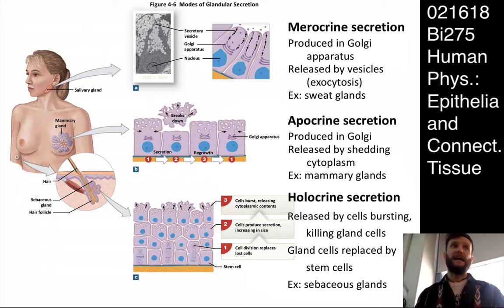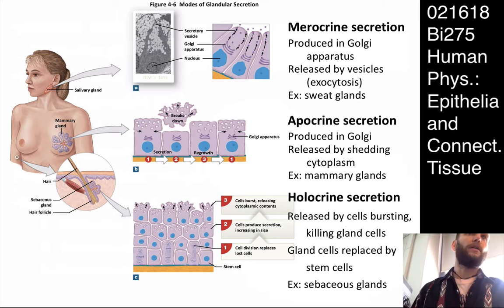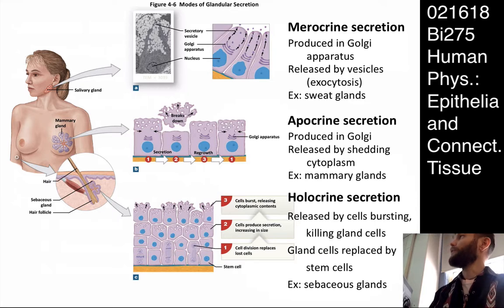And once it's in the Golgi and it's finally finished being made, it gets packed up into a little vesicle, a little balloon of lipid membrane, lipid bilayer, that is going to move towards the surface of the cell, and that membrane is going to fuse with the apical plasma membrane and release what was inside the little vesicle onto the surface of the cell, into the lumen of whatever duct we're talking about.